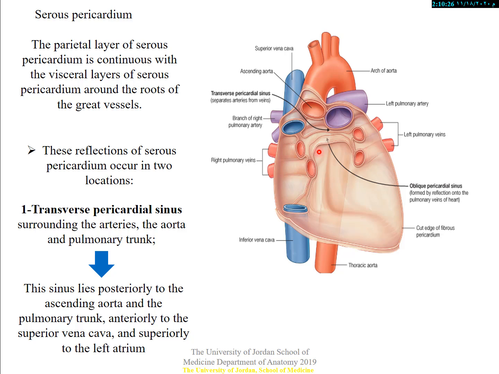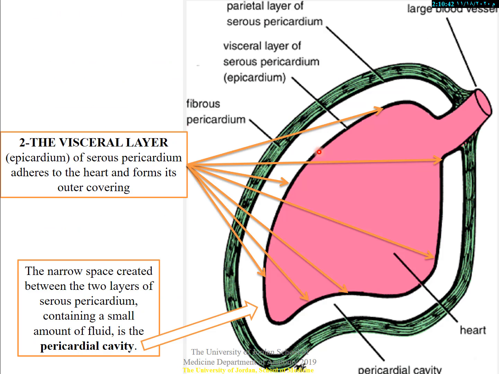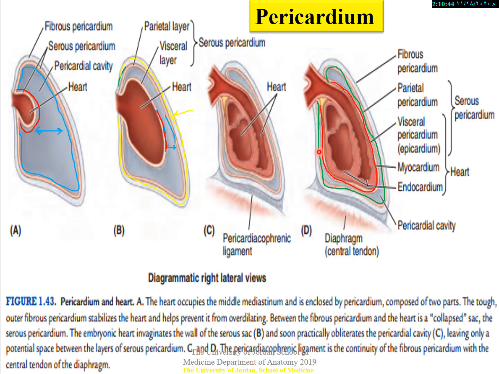Now the serous pericardium has two things to deal with. The parietal layer of serous pericardium is continuous with the visceral layer of serous pericardium around the roots of the great blood vessels. Don't you ever forget that this is the area where we invaginated the balloon.